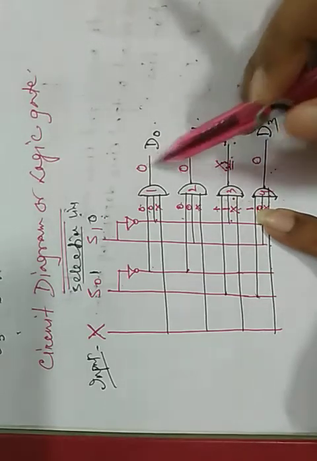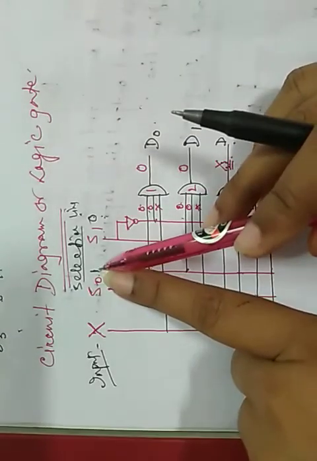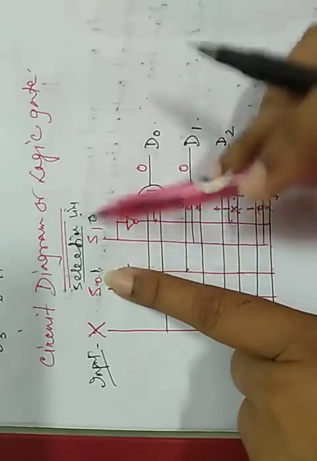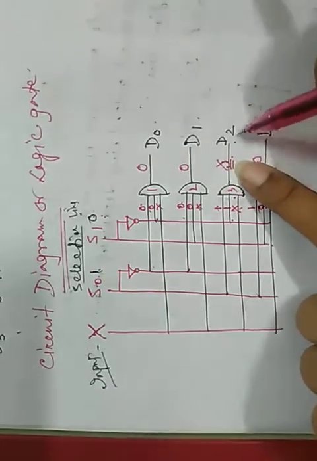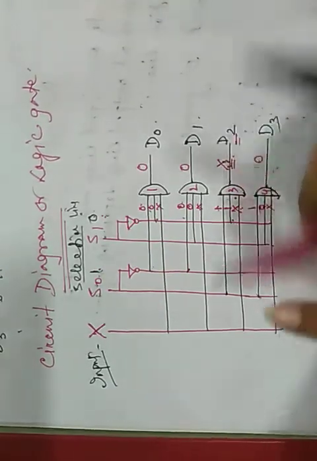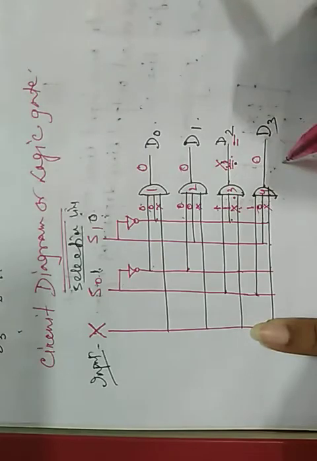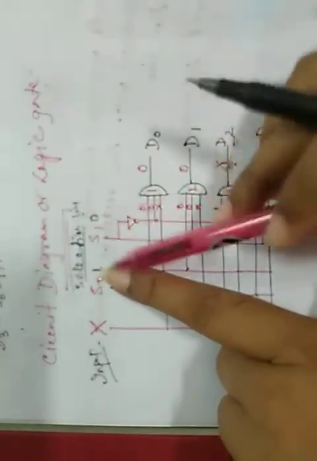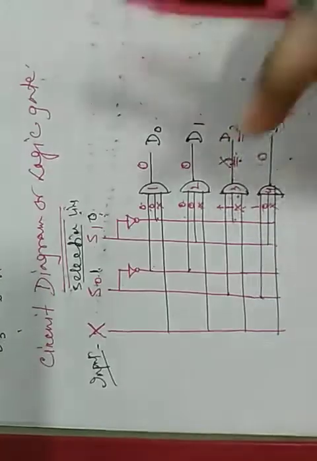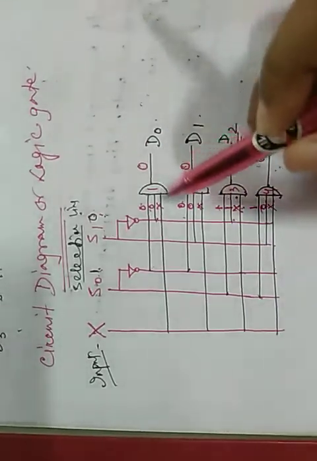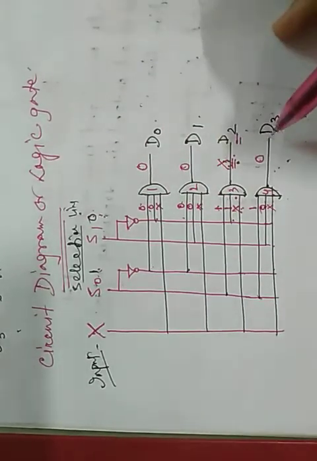So you can see easily that if we give the selection line 1, 0, then only in D2 do we get the input X value, and other gates give 0. In this way, whatever selection line you take, 0, 0, 0, 1, 1, 0, we get the X value in the desired output line.